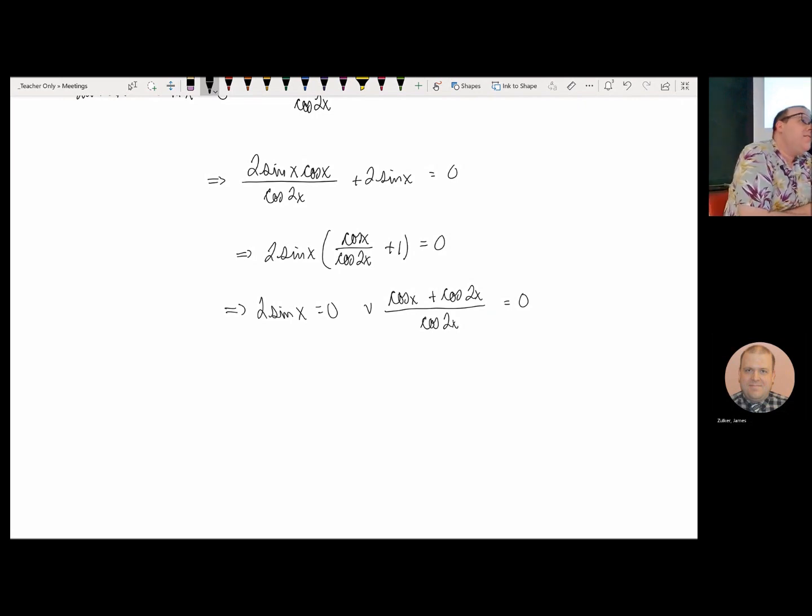Two sine of x is easy. We'll just ignore that one for now. If that fraction is 0, then just cosine x plus cosine of 2x is 0. Keeping in mind that you cannot have cosine of 2x being 0.